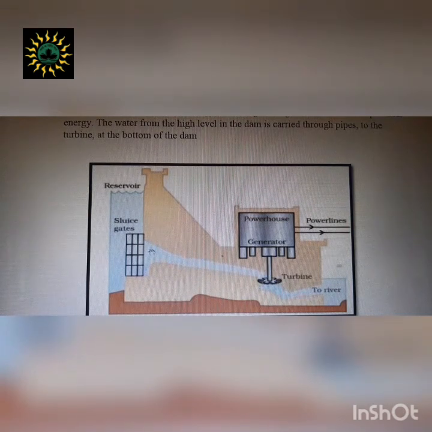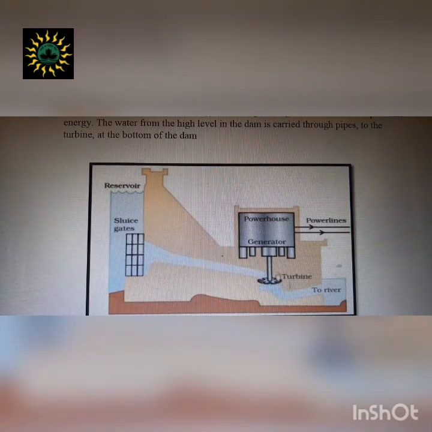The energy possessed by the flowing water is converted into mechanical energy, or rotating energy, for the turbine. Now this turbine rotates and a shaft is coupled to the generator.